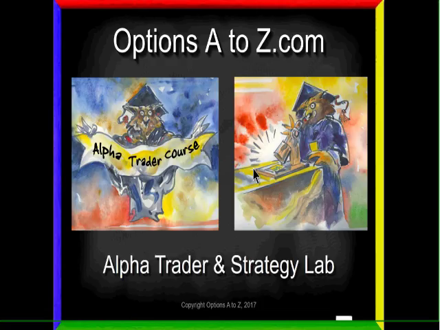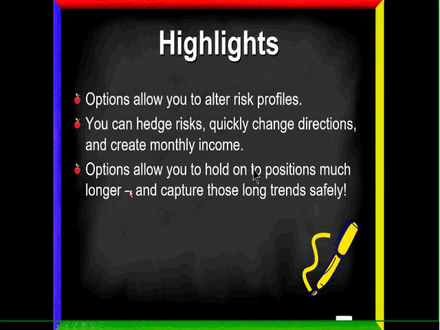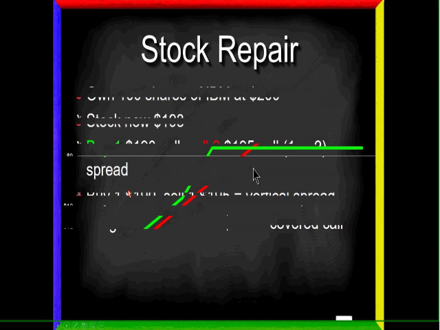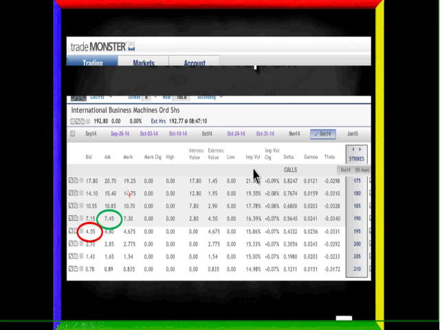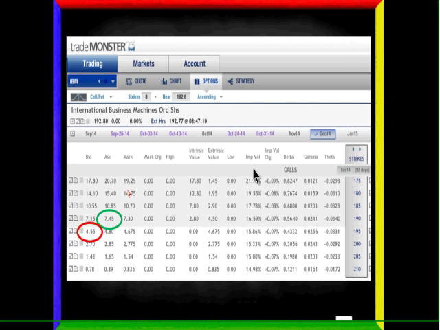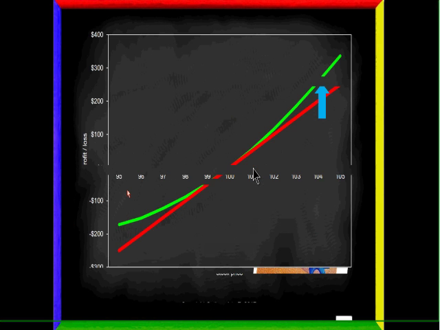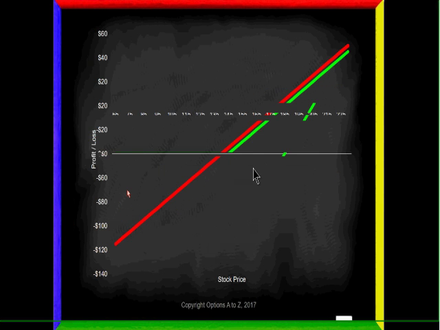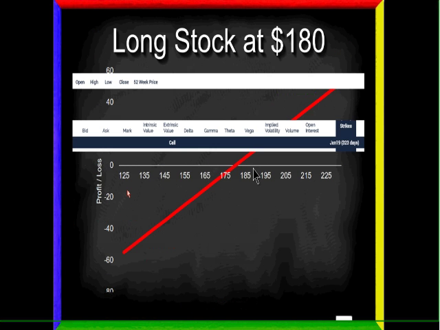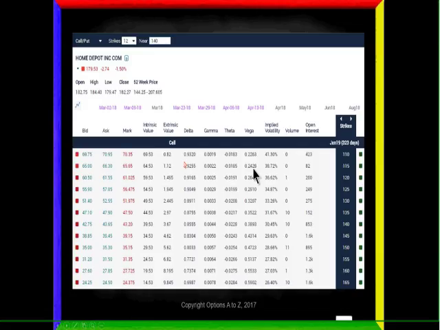Let me see if I can back up to these real quick. That was IBM. Here we go. This one at the top here is, oh, I don't have the puts. I'm sorry, I did that just to try to get the screen bigger. But you can see that the bid and the ask were $1.20, which actually is not too bad.